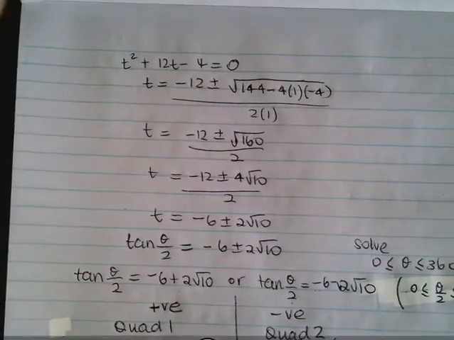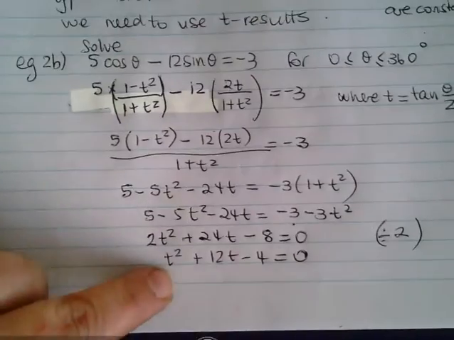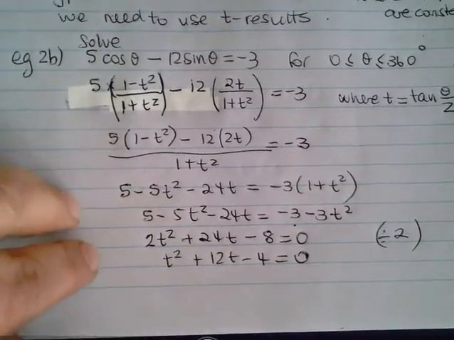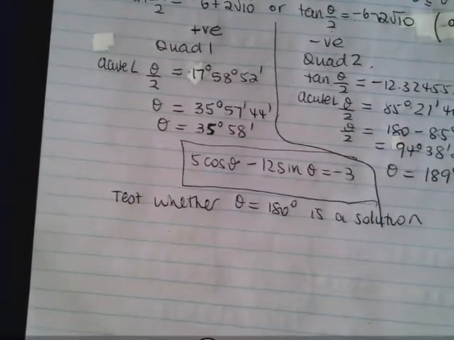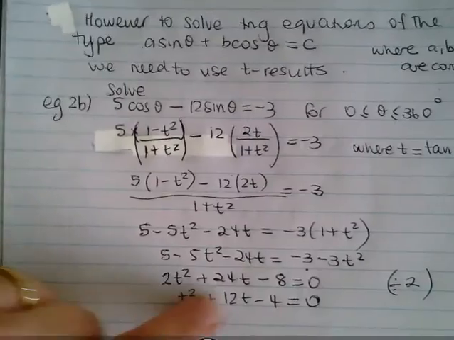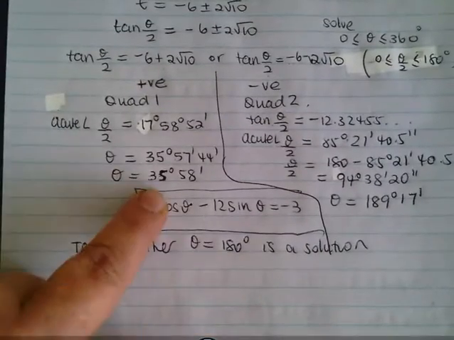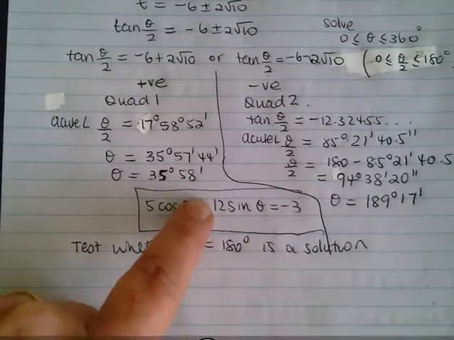If when I come to get that quadratic formula I end up with a linear equation, then 180 degrees will be a solution. So if my T squareds cancel and I don't have T squareds here, theta is 180 will be a solution. So we just have to test in this equation above whether theta is 180 is a solution.